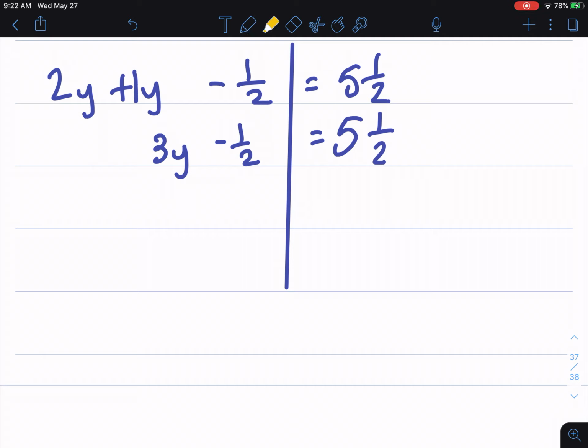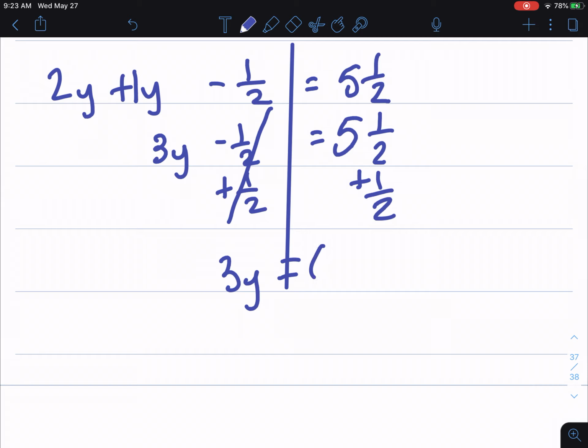Now remember, we deal with the number that's all alone first. We deal with the number that's with the variable, the letter, last. So here, instead of minus 1/2, I'm going to add 1/2 to both sides, and those will cancel out and become 0. So now I have 3y equals, I have 5 1/2 plus 1/2, and that's 6.